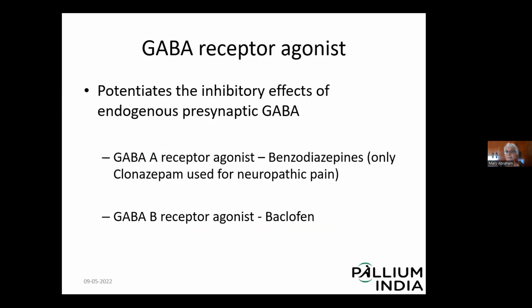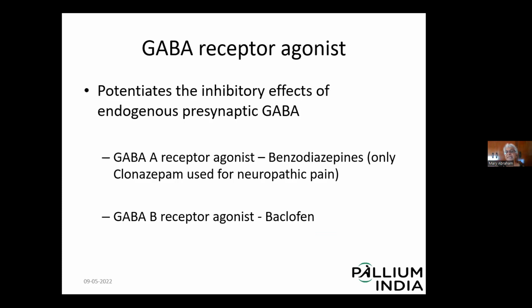Then we come to the GABA receptor agonists. Now, GABA receptor agonists are actually potentiating the inhibitory effect of GABA. GABA inhibits neuronal activity.